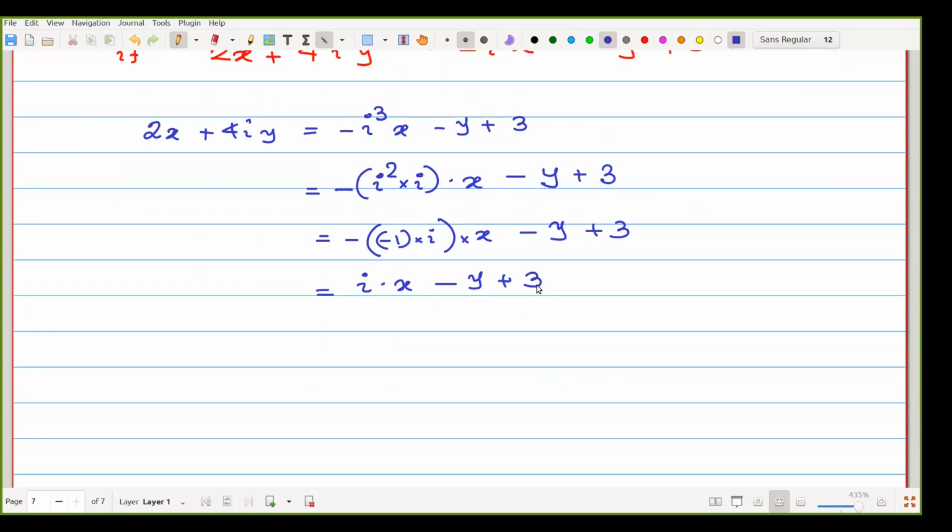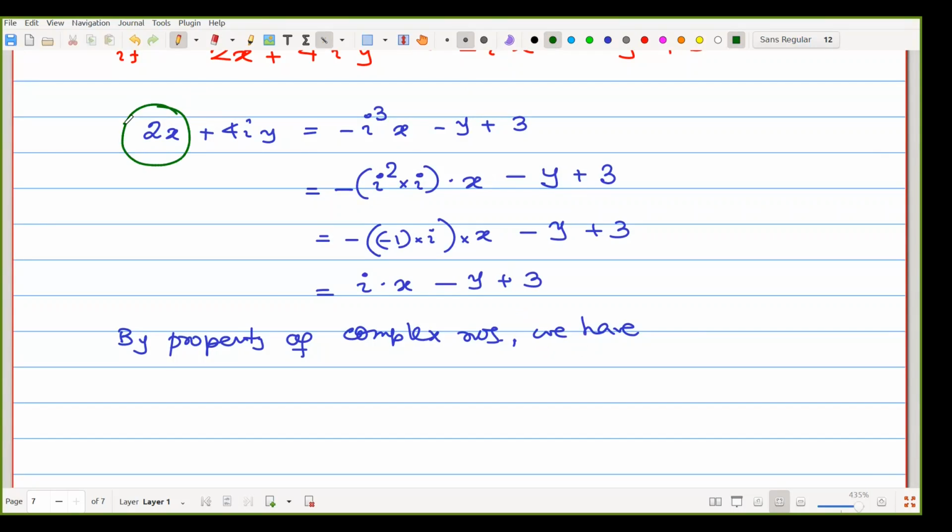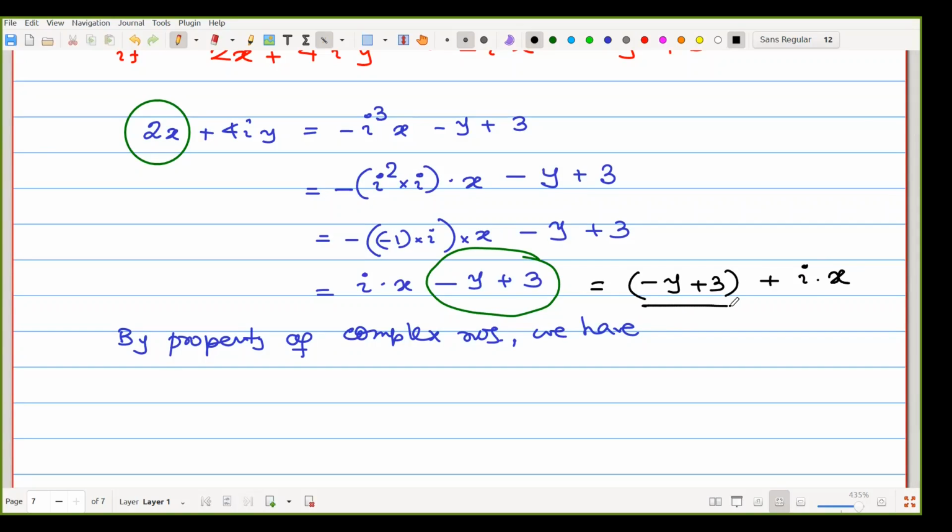So real part is equal to real part, imaginary part is equal to imaginary part. So write down just one line. By the property of complex numbers, we have, look at the real part, that one portion, minus y plus 3, that one is the real part. Okay, we are writing it for your easiness like that: (minus y plus 3) plus i into x. So that would be the real part, that would be the imaginary part. In that way, you can proceed.